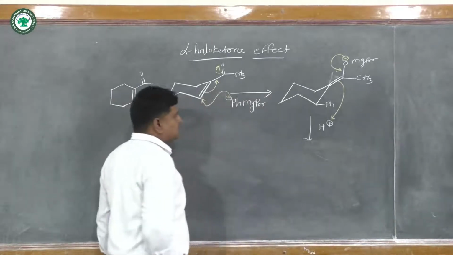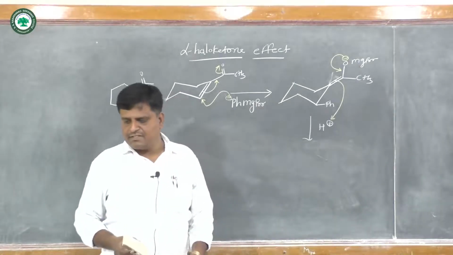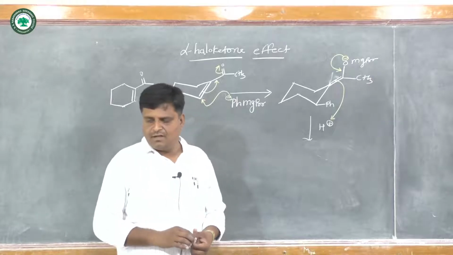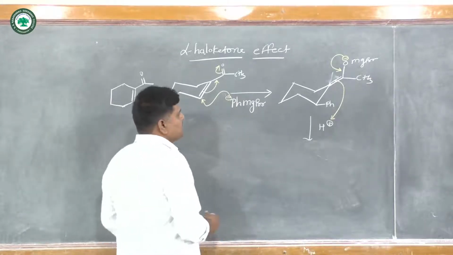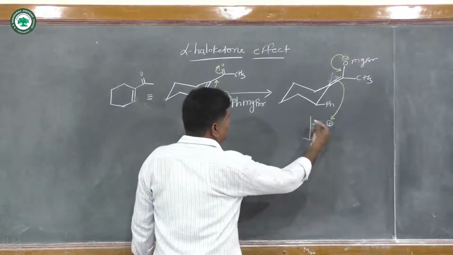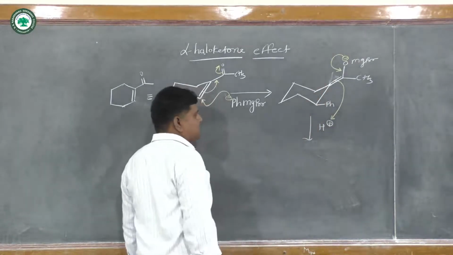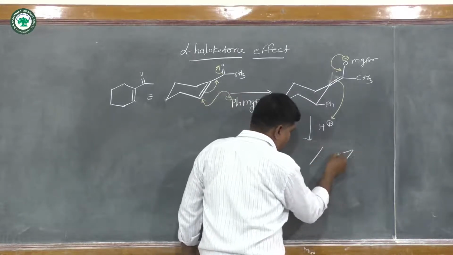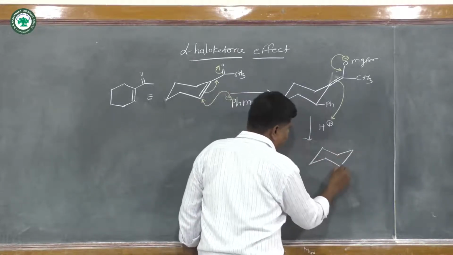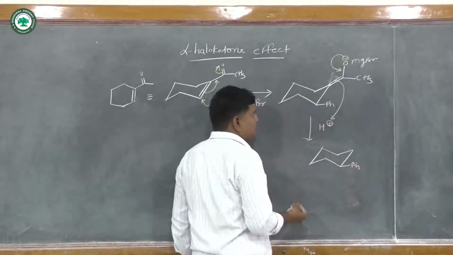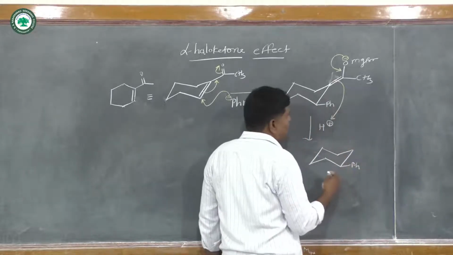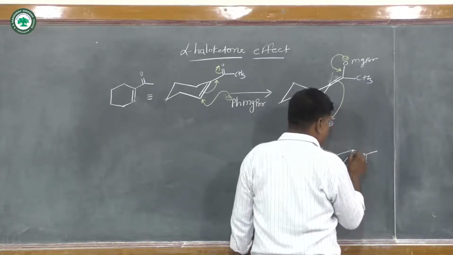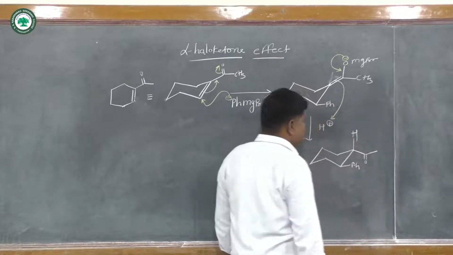The same thing is possible in the second step, and here the proton approaches from the axial side, and we try to write the product obtained from this. Here this is the phenyl group, and now the acetyl group can be present at the equatorial position, and here this proton is present.